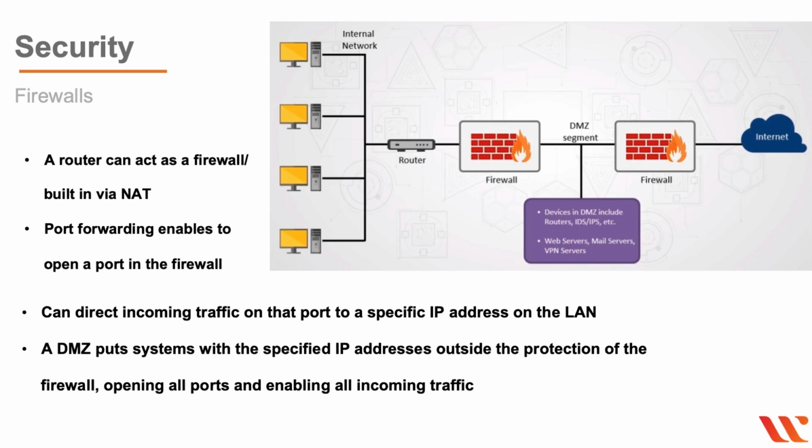Now, the port forwarding feature allows you to forward the incoming connection to a different port than the one that it's actually requesting. So that way you're actually hiding the port here. There's something called a demilitarized zone, or a DMZ, which puts systems with specific IP addresses outside of the protection from the firewall. So this allows that machine or a set of machines to have all the ports open and functioning on them.